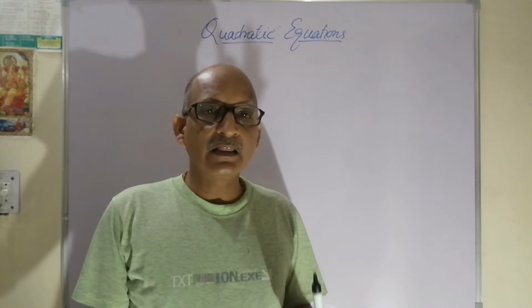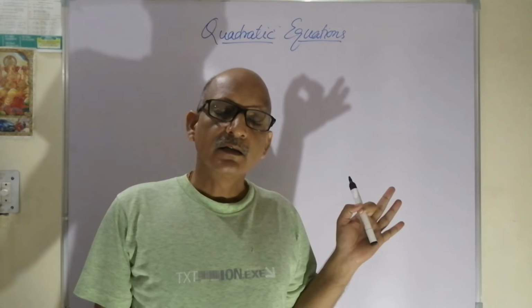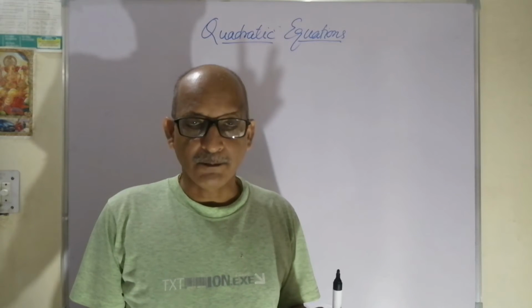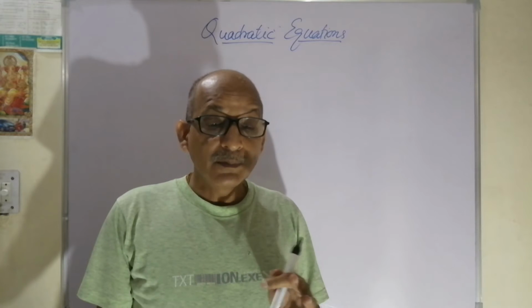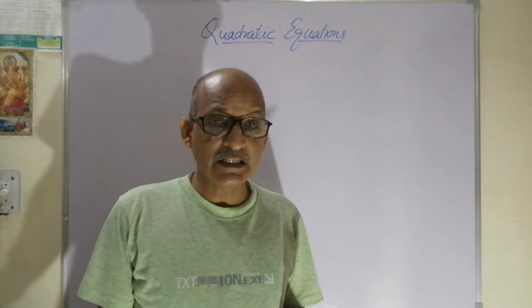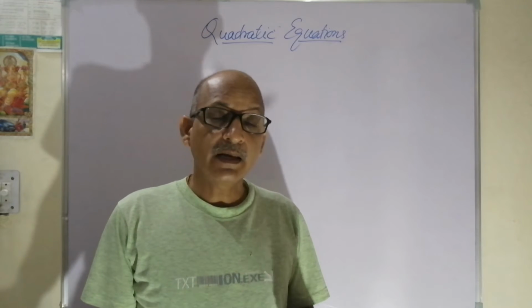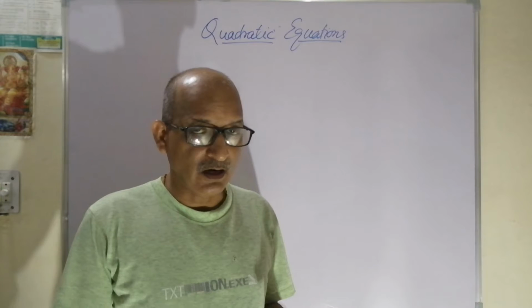There we were finding the zeros of the polynomial, here we will find the roots of the equation, but things are the same. Root or zero, just a terminology difference. In case of an equation we term it root, and in case of a polynomial we term it zero.